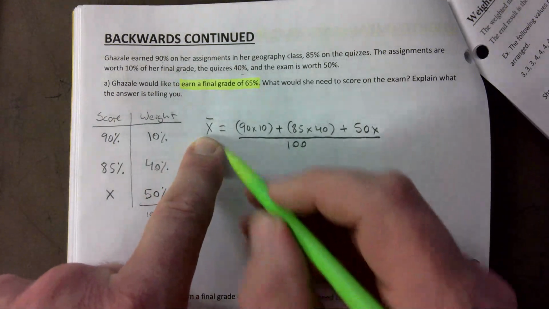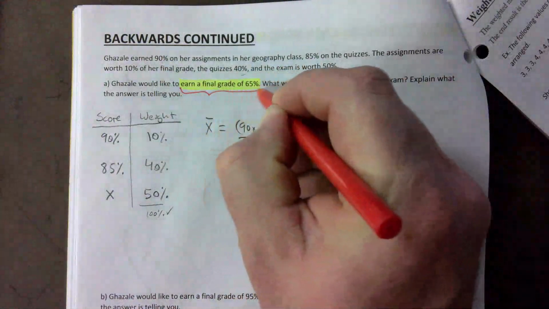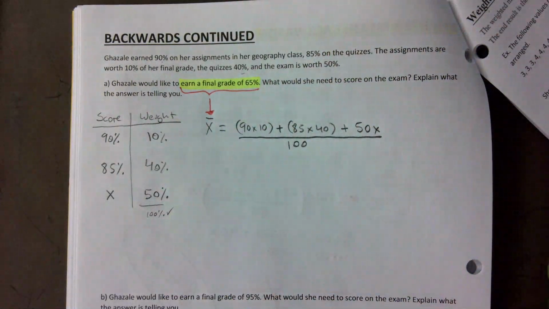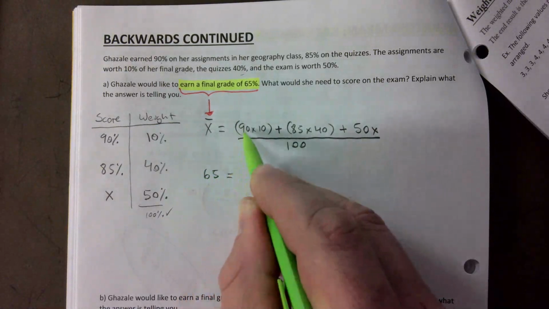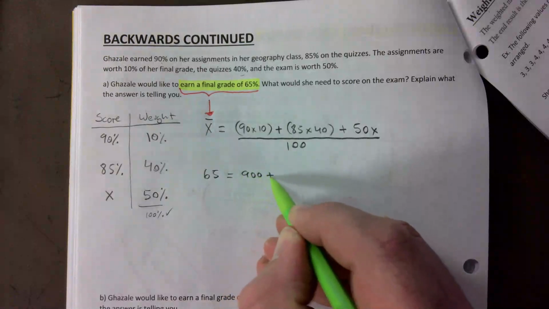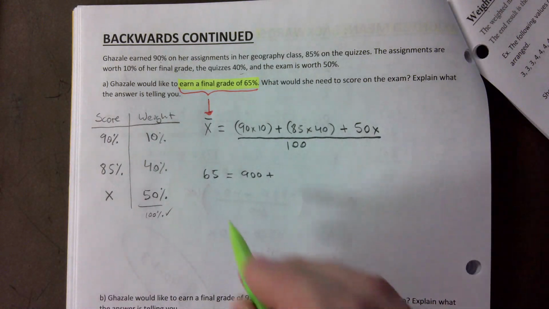We want this. This is given to us, so we're going to take the average, our final goal, and plug it in there. And let's clean it up. So you've got 65 here. This is 900. This part right there is going to be 3,400.